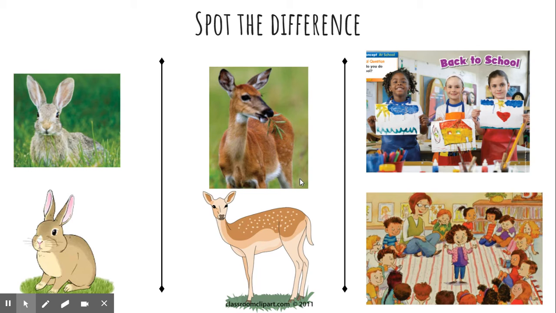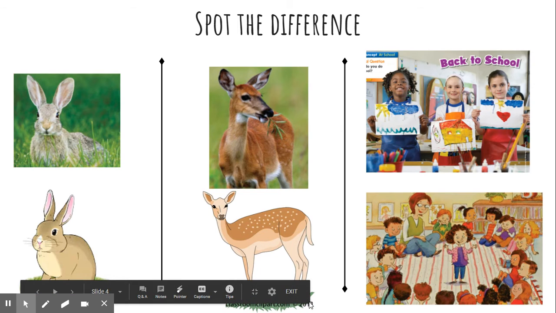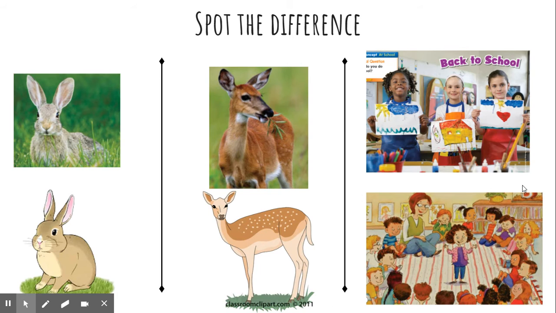What's different about the top from the bottom? And the last column. What do you notice? Do you typically see pictures like this top one here in nonfiction or fiction text?